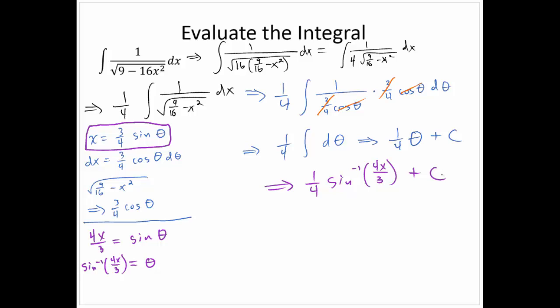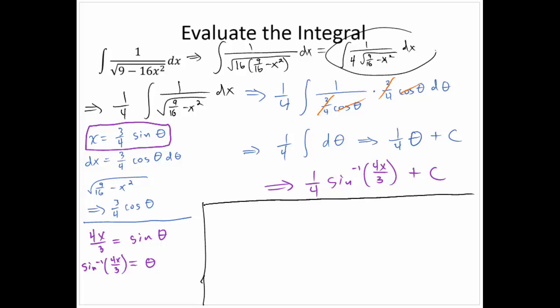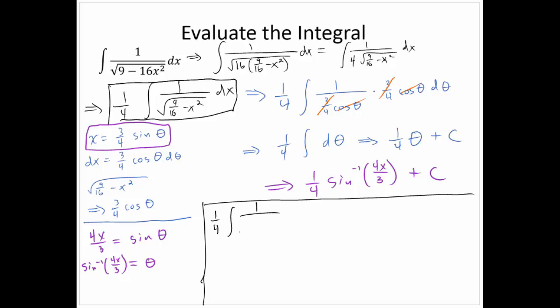We actually could have done this integral back in the previous chapter. So let's look at that integral again from here. We had 1/4 integral of 1 over the square root of 9/16 minus x squared dx.